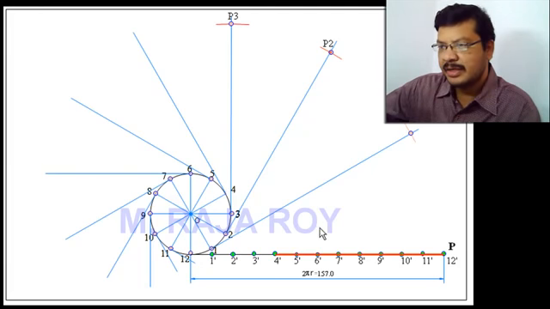P to 4 dash as radius, this 4 as center. Draw an arc onto this tangent. This is the distance. Now you are getting P4. Now for getting P5, repeat the same procedure. This is our center. This is the arc. This is P5.